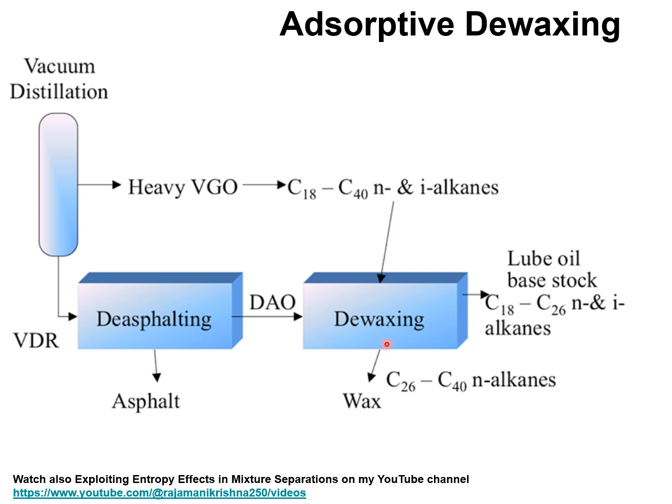The all-silica TSC zeolite with a Tschörtnerite framework has the highest cage volume of any known zeolite. The presentation today is basically a follow-up to my video titled Exploiting Entropy Effects in Mixture Separations on my YouTube channel.